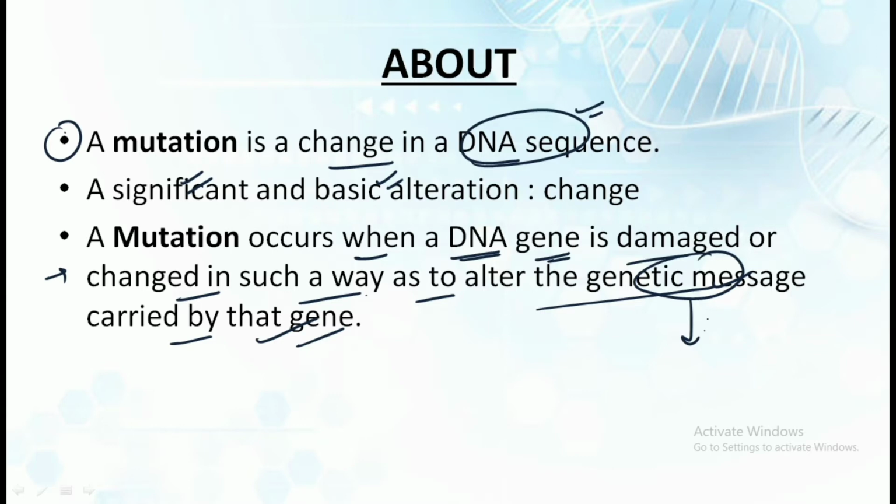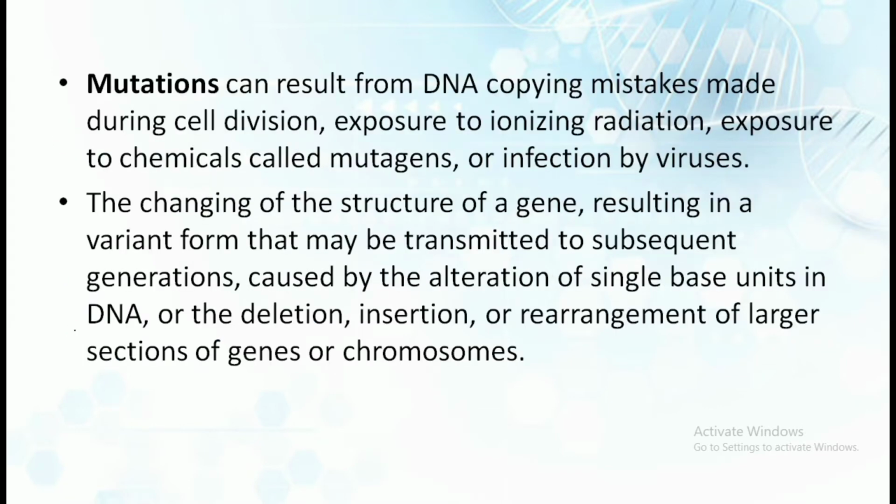And why does it occur? Because the gene might have either got damaged or changed in one way or the other. Mutations can result from DNA copying mistakes made during cell division, exposure to ionizing radiation, exposure to chemicals called mutagens, or infection by viruses.